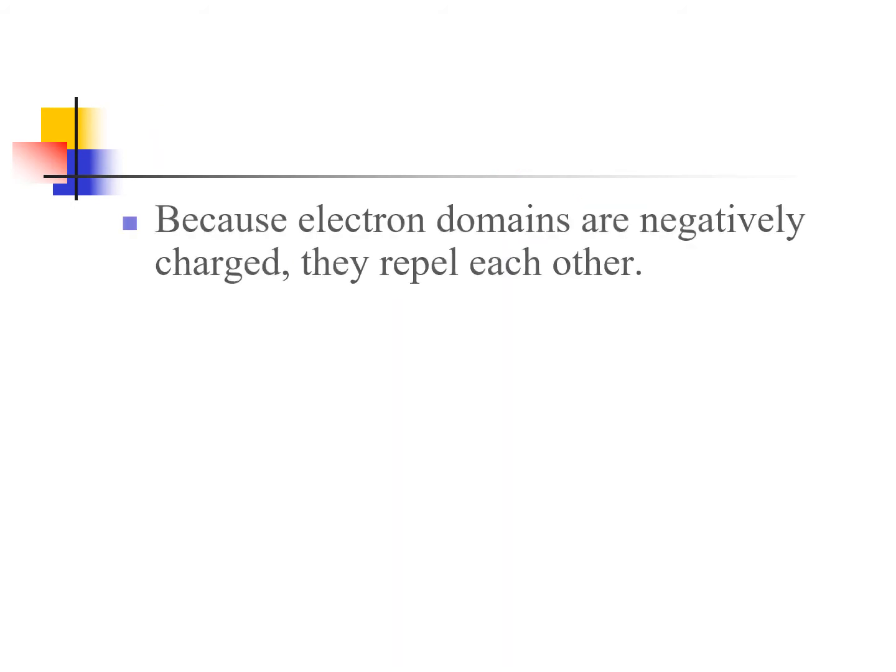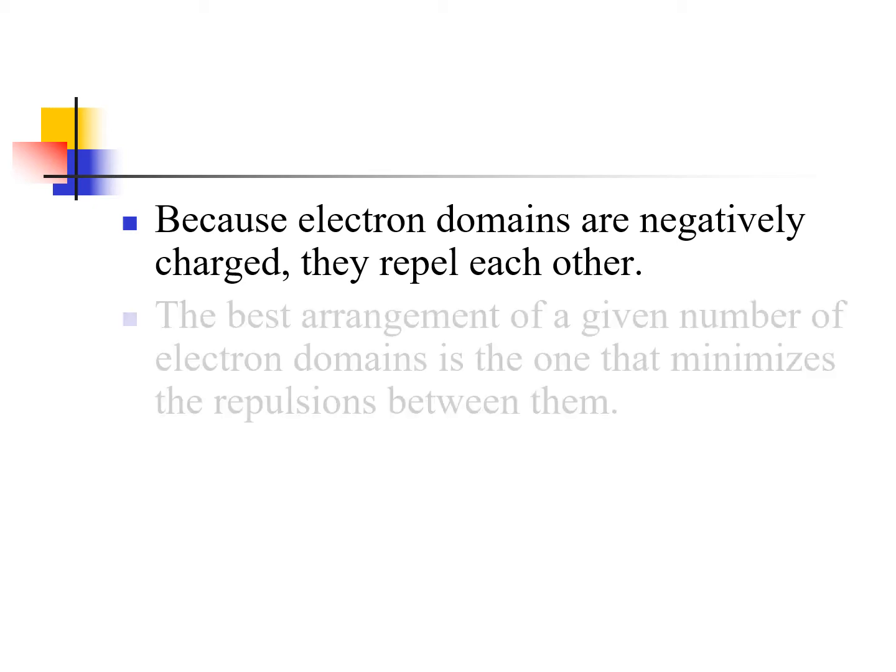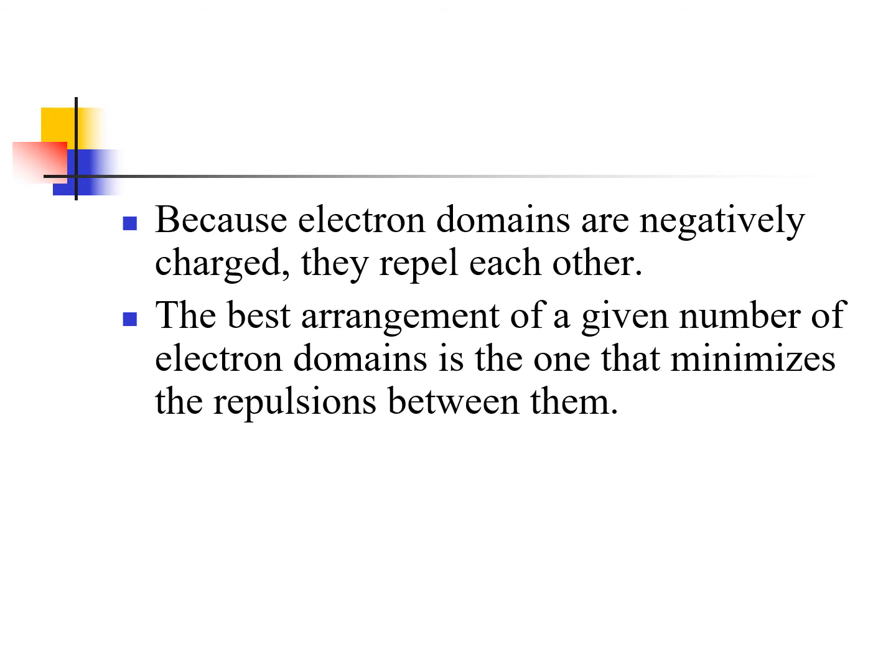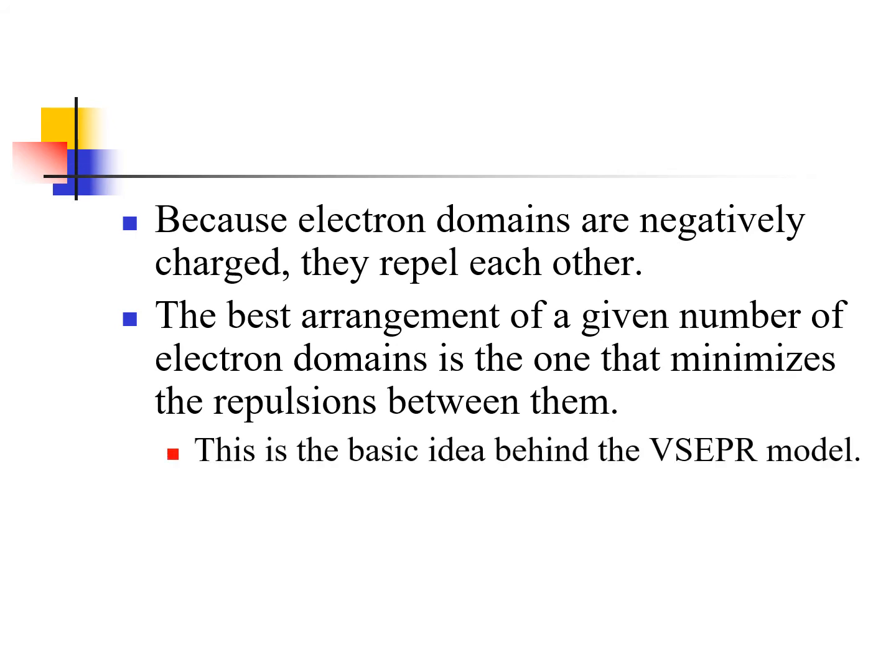Now, because electron domains are negatively charged, they repel each other. As the domains repel each other, it reshapes how things are connected to that central atom. The best arrangement of these electron domains around an atom is the one that minimizes the repulsions between them, and this is the idea behind the VSEPR model.